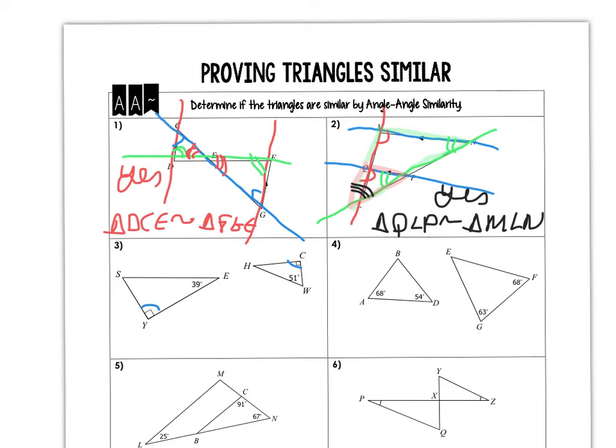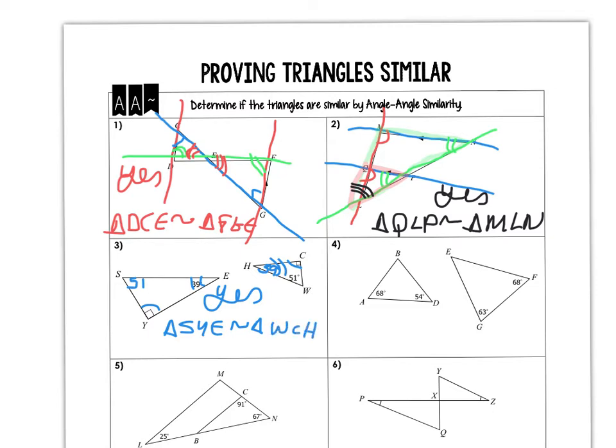So 180 minus 90, of course it's 90, and then 90 minus 39 gives me this one here is 51, that means this one's 39, therefore we've got another angle, right? So therefore this is a yes, and we can do our statement, which is SYE is similar to triangle WCH.